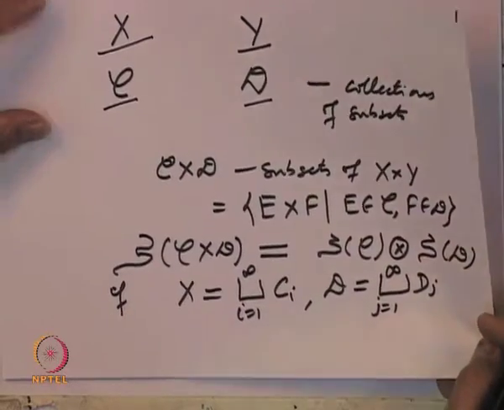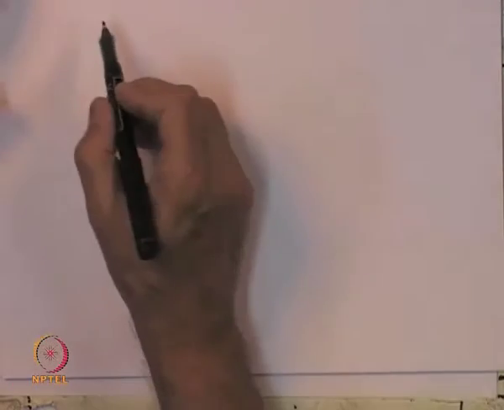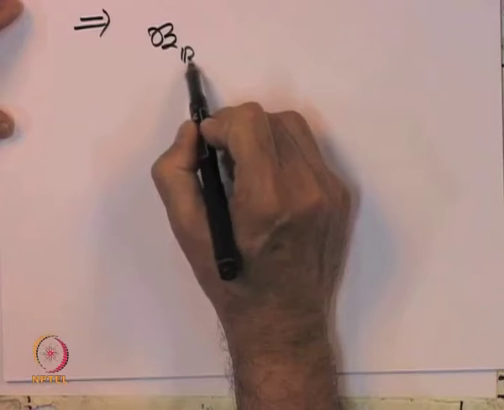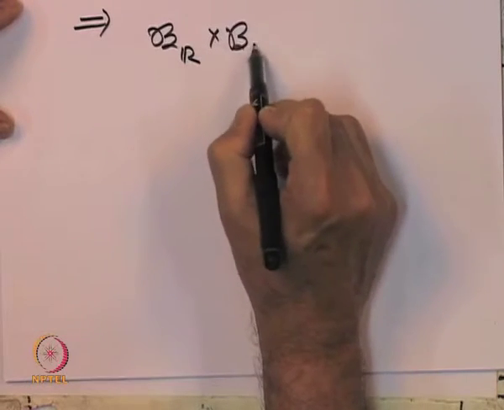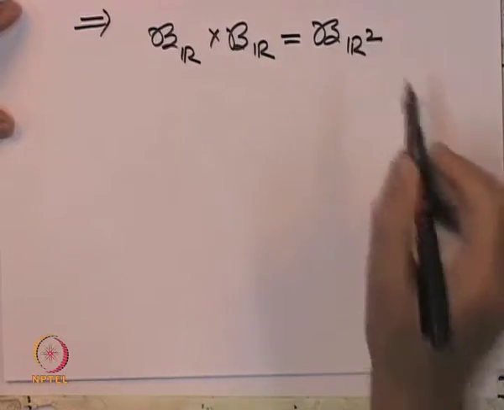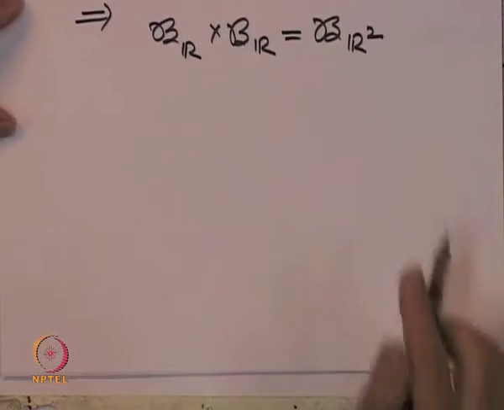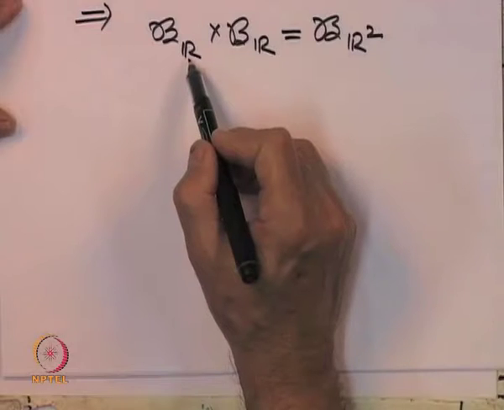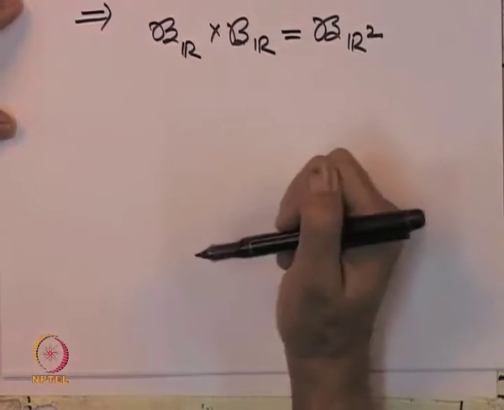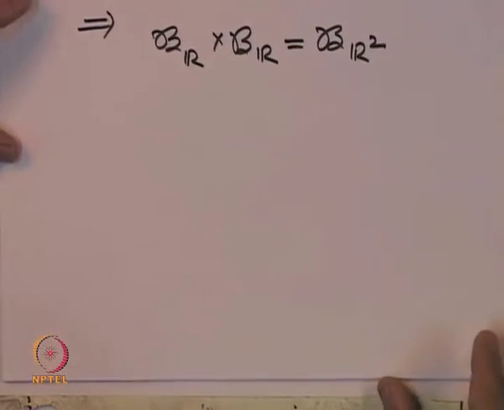As a consequence of this, we obtained one observation, that if you take the Borel sigma algebra of R cross the Borel sigma algebra of R, that is equal to the Borel sigma algebra of the space R 2. That is because the real line can be represented as a countable union of, say, open sets or intervals.